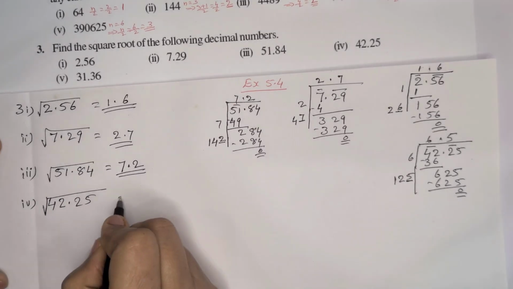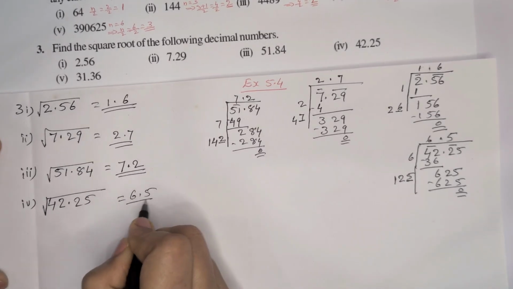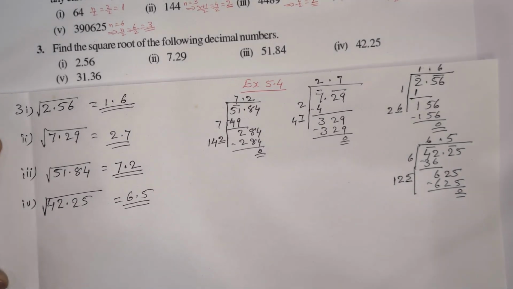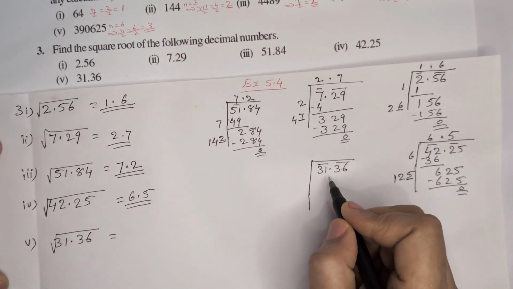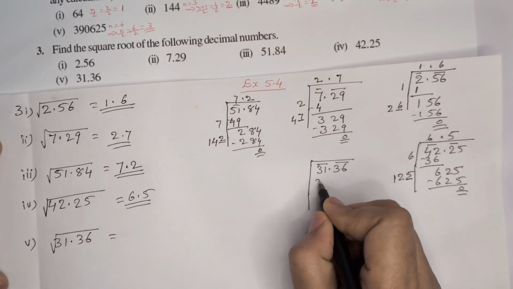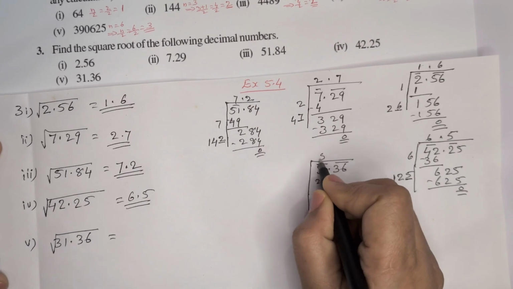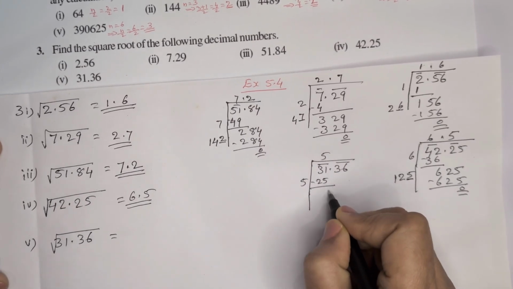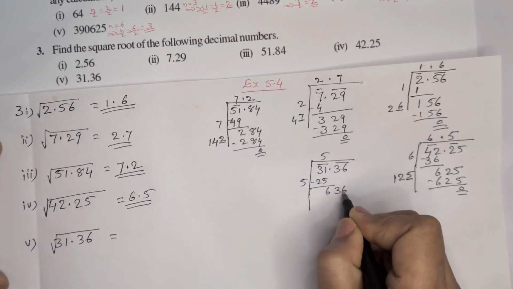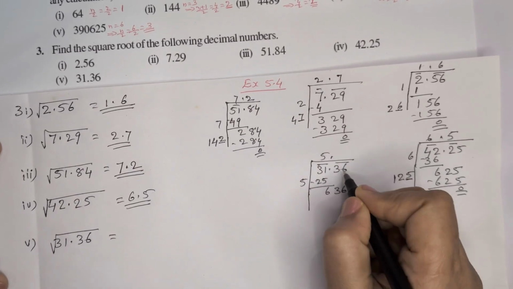The answer is 6.5. Next number is 31.36. Below 31, the perfect square is 25. So 5 square. And 6 is the remainder. The next group is 36. Put the decimal point.